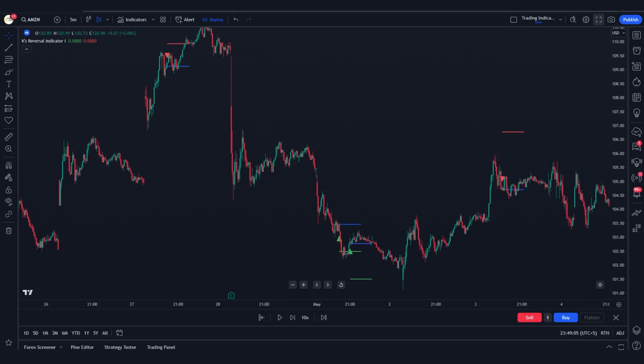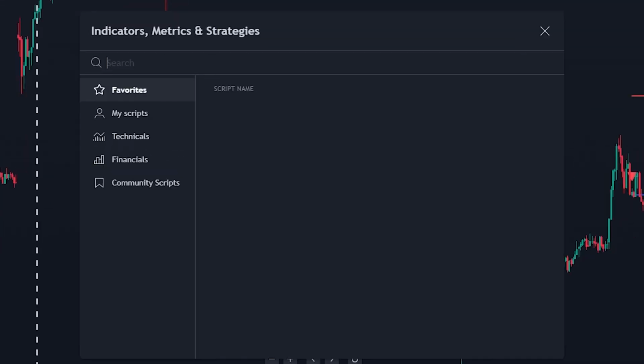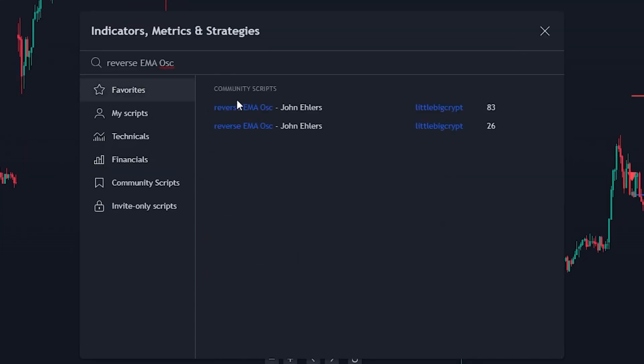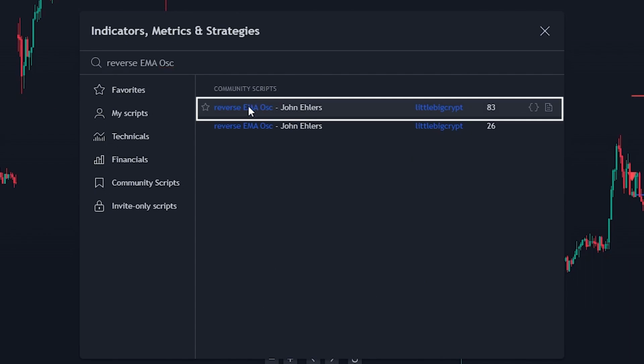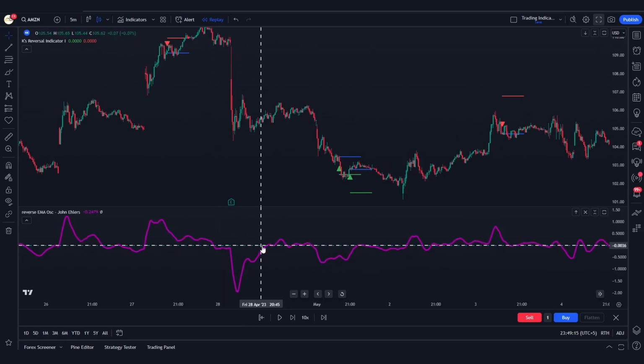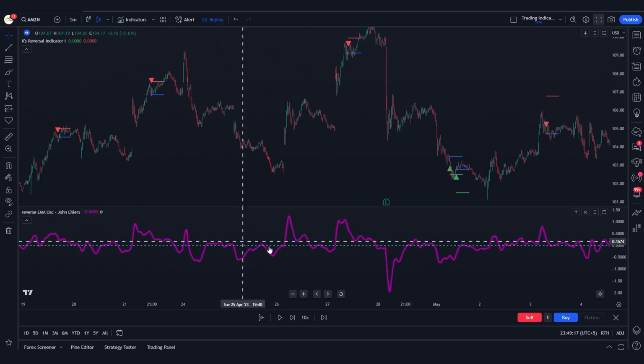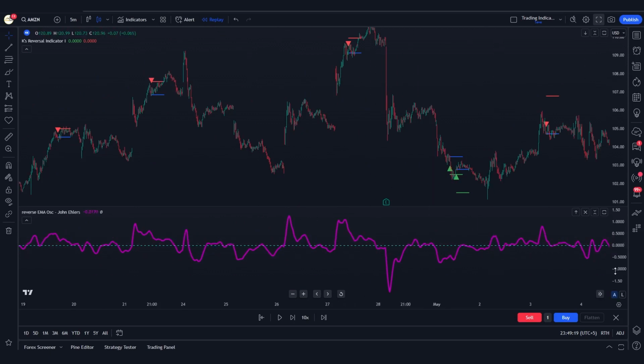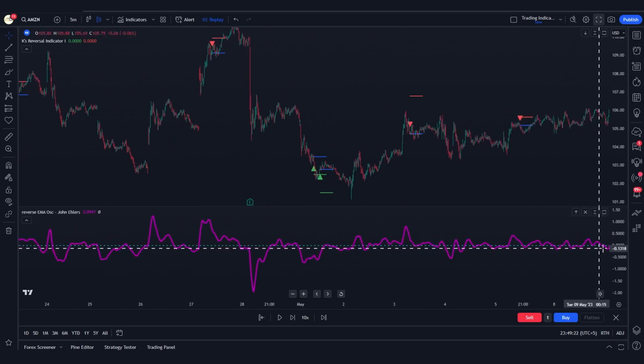Now let's add the second indicator, the Reverse Exponential Moving Averages oscillator, by Jones-Allers, to the chart. Once it's added, we can see it drawing an oscillator that oscillates around the zero line.